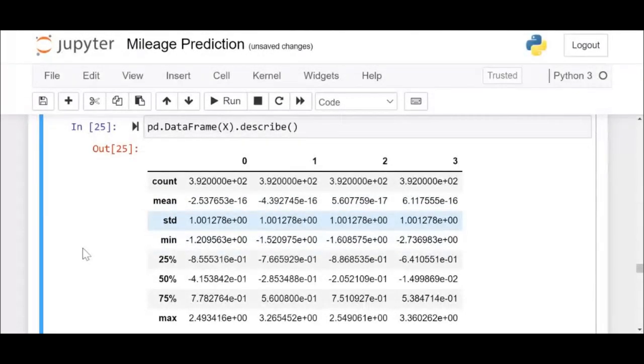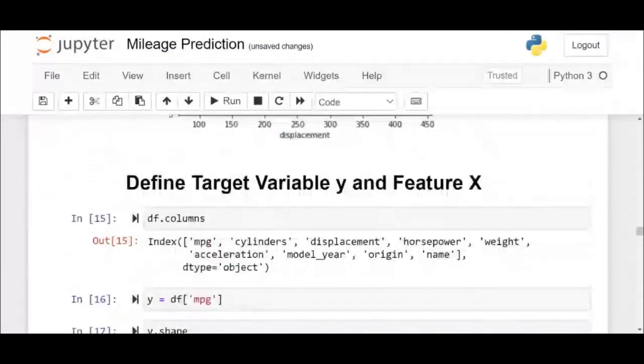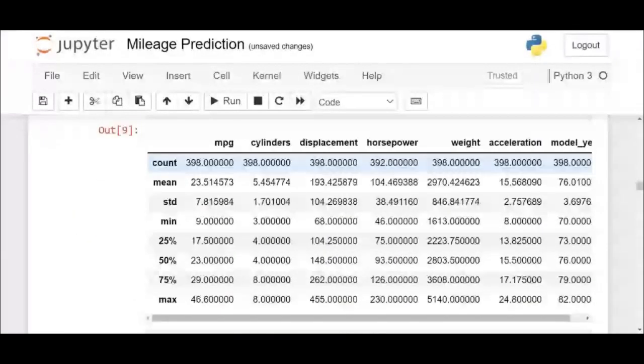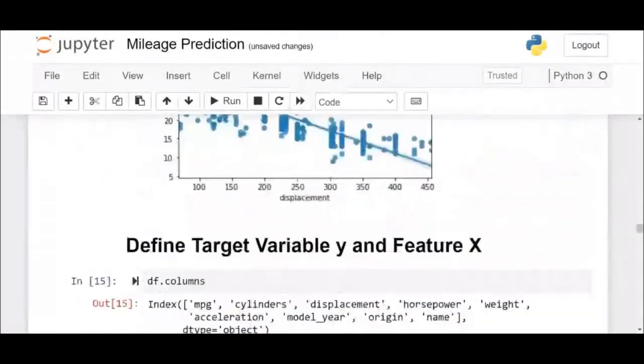All the features have a standard deviation equal to 1. Before the standardization, the means and standard deviations were different: 23.514, 5.193, 104, 2970, and so on.